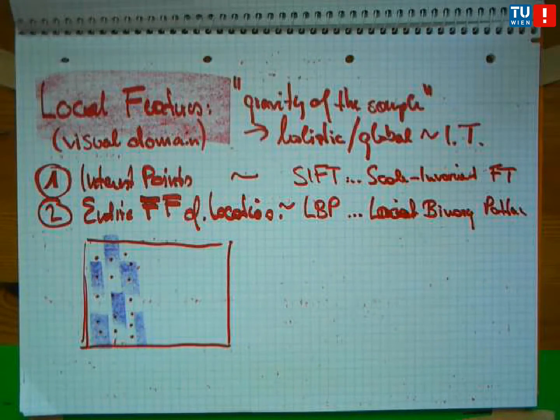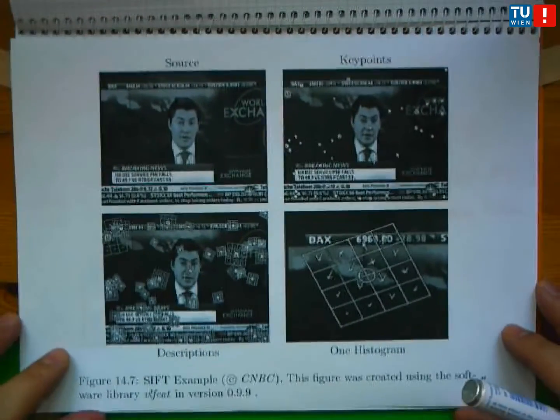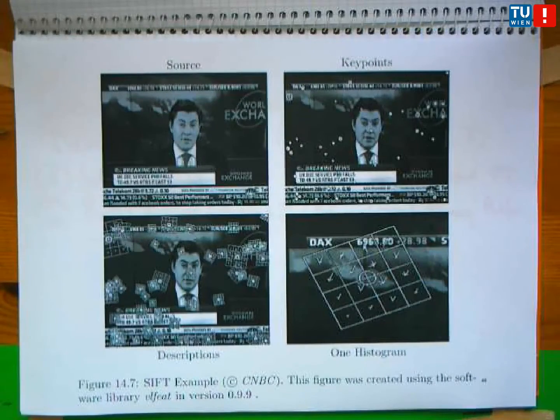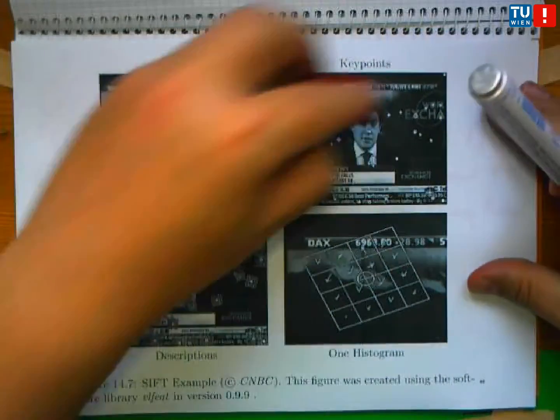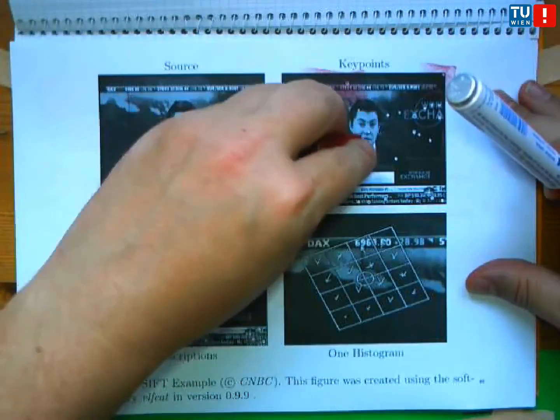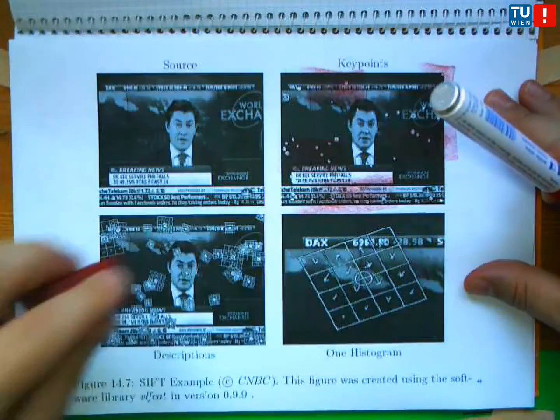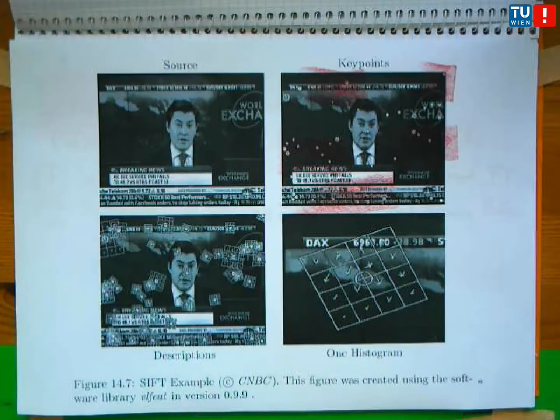Okay, so how does SIFT work? SIFT is yet another recipe. Maybe let's start at the end and then go to the front. All the images that are going to come now are again from the book. These now are real interest points, not ones that I have faked, but these were really extracted by the SIFT operator.